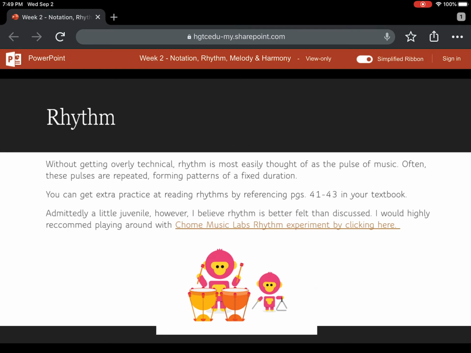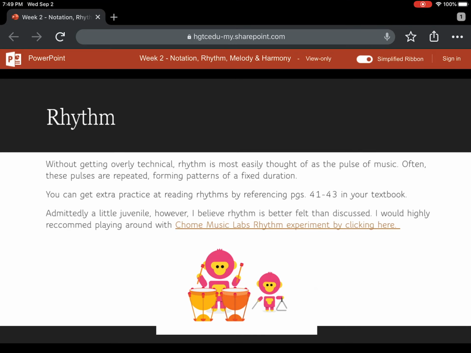You could probably feel as you listen to that there's a pulse. 1, 2, 3, 1, 2, 3, 1, 2, 3, 1. Your body probably naturally felt that pulse. So that's basically what rhythm is.